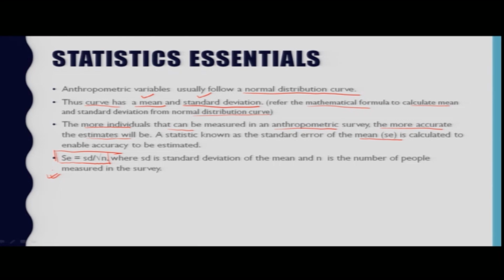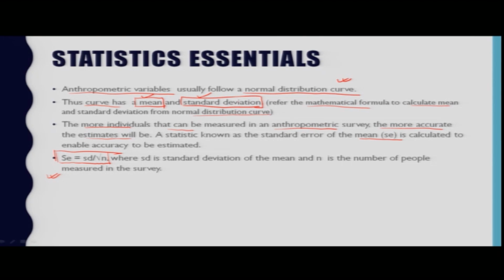Anthropometric variables in a healthy population usually follow a normal distribution curve. To understand the normal distribution curve better, there are two key parameters of the normal distribution: the mean and the standard deviation.